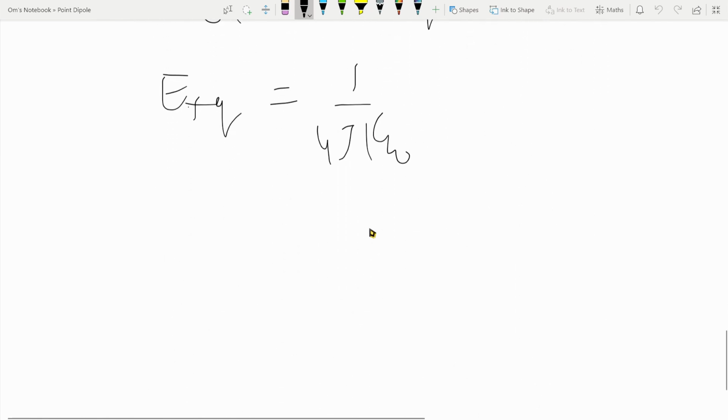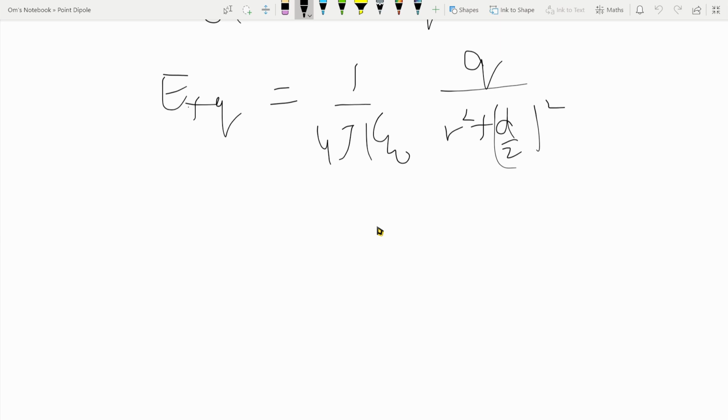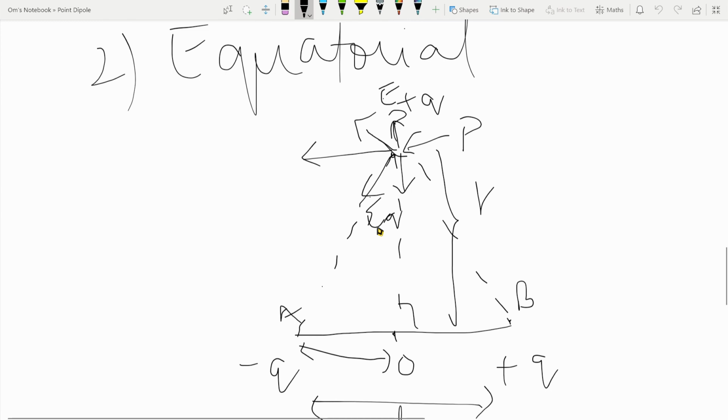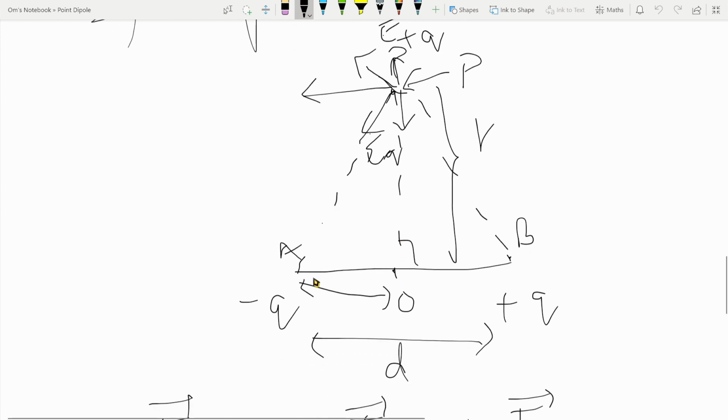So if I write the magnitude down over here, it is 1 by 4 pi epsilon naught q by r square plus d by 2 the whole square, and you will find that the magnitude of the electric field created due to the negative charge is also the same thing, because it's again d by 2 and it's again r square.